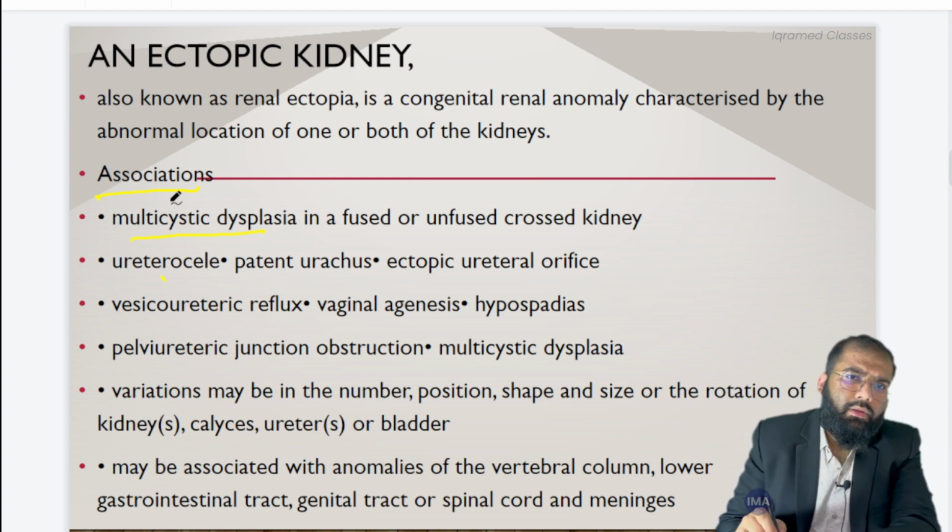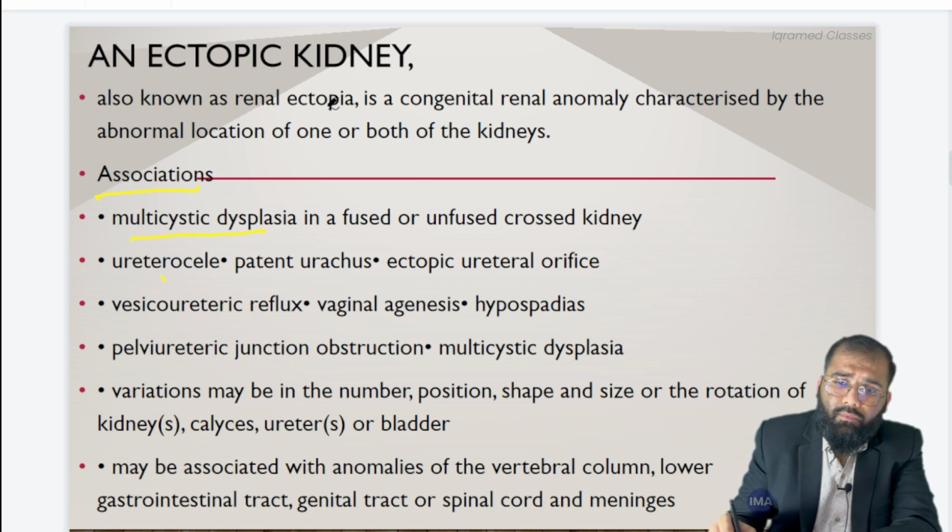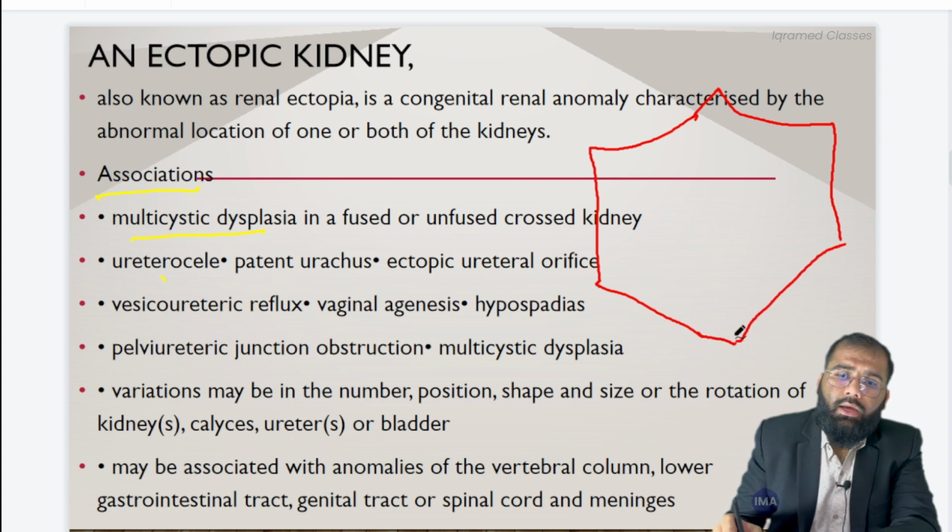Now, an interesting thing, let us see. Suppose this is the abdomen. Suppose you see on ultrasound that the right kidney is present on the right side, the left kidney is not there, and there is one kidney here.